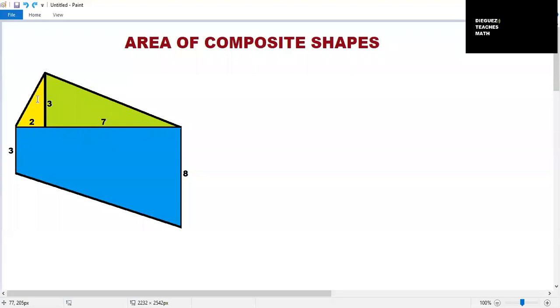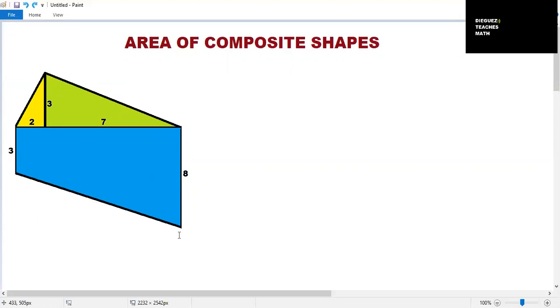You already know that this is a triangle here, another triangle, and then we have a trapezoid here. We know that for the area of the trapezoid, we need base 1 and base 2. So I don't have this base over here. I can figure it out, but that's just going to take me a little longer.